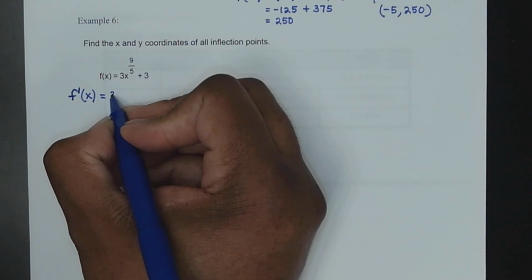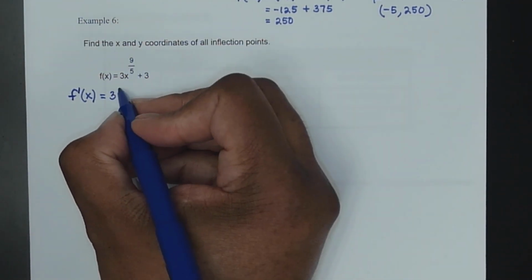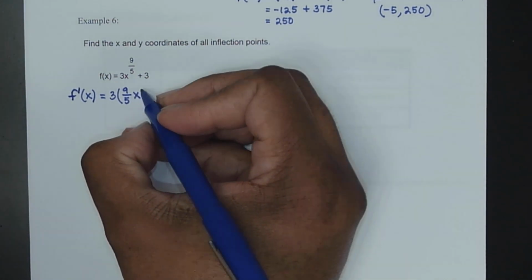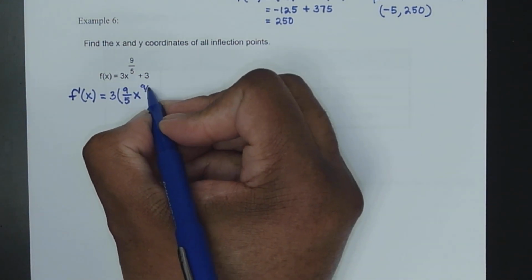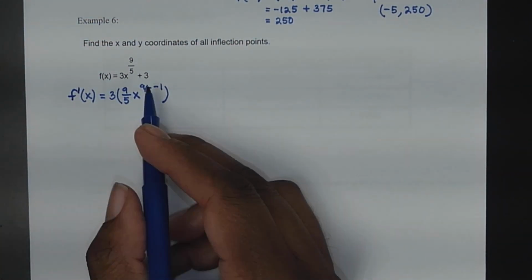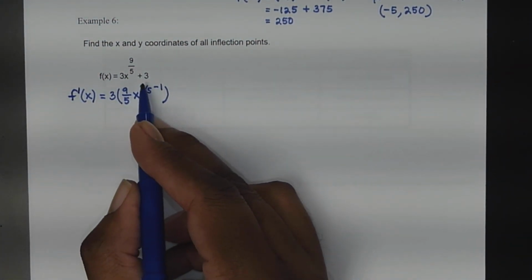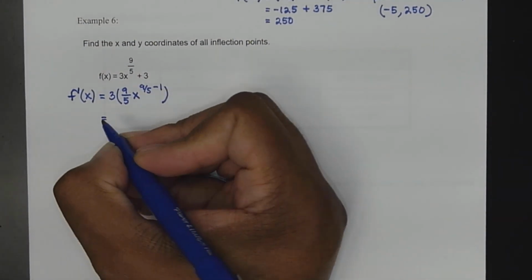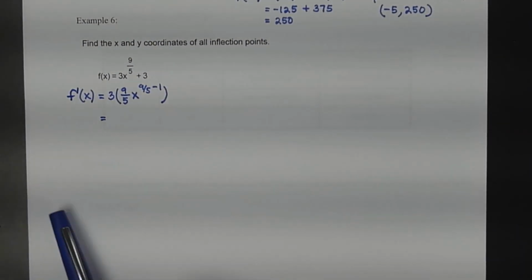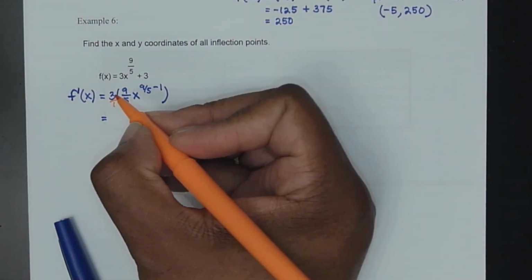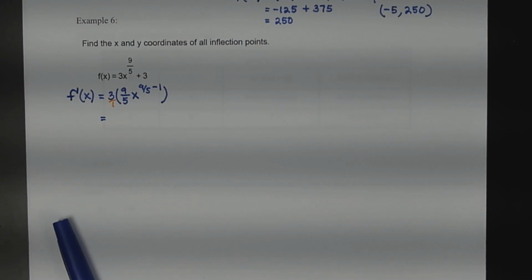I'm going to bring this 3 down. For x to the 9/5, I'm going to bring down the power, which is 9/5. Copy the x over to the 9/5 minus 1, because that's going to be to the one less power. The derivative of plus 3 is just going to be 0. So if I simplify this, this 3 is like 3 over 1 times 9/5.